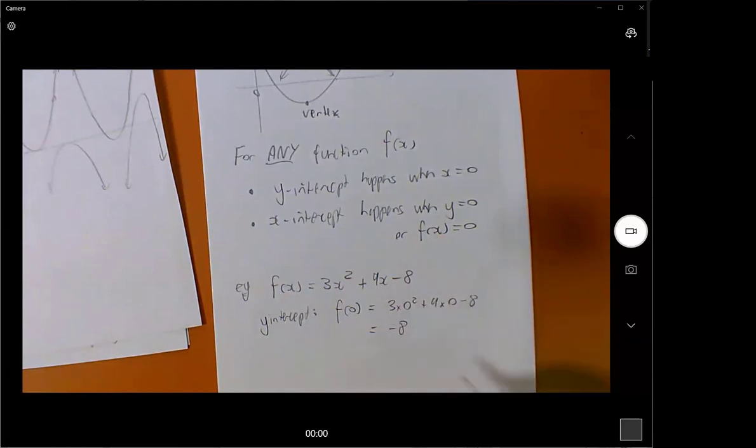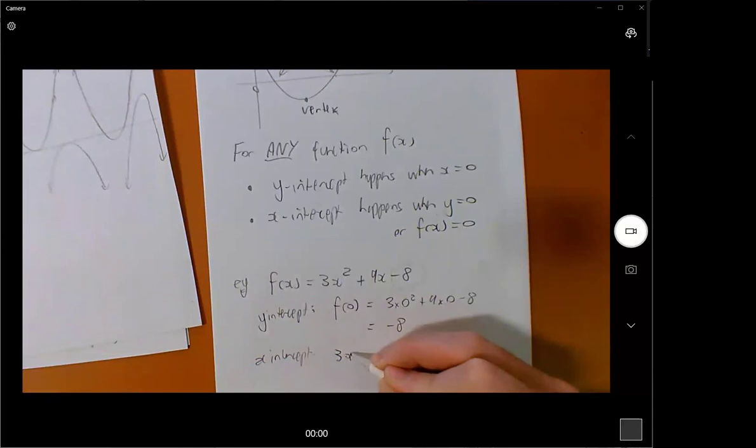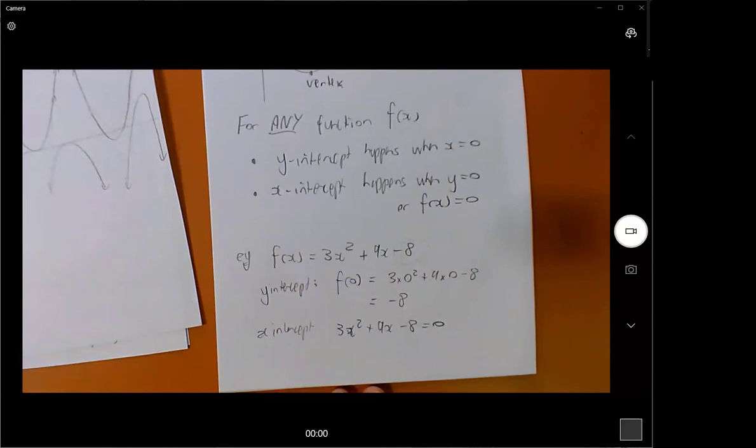And you'll notice it turned out to be this number, because those are both 0. Same as the way a line works, actually. The number not attached to the x has to be the y-intercept. And for the x-intercept, 3x squared plus 9x minus 8 equals 0. And I have to figure out which x's make that come out to 0, and that is not nearly so easy.